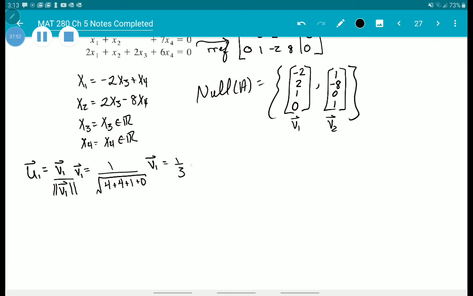So we're going to have 1/3 times V1. And I'm going to write the vectors horizontally instead of vertically. So we have negative 2/3, 2/3, 1/3, and 0.